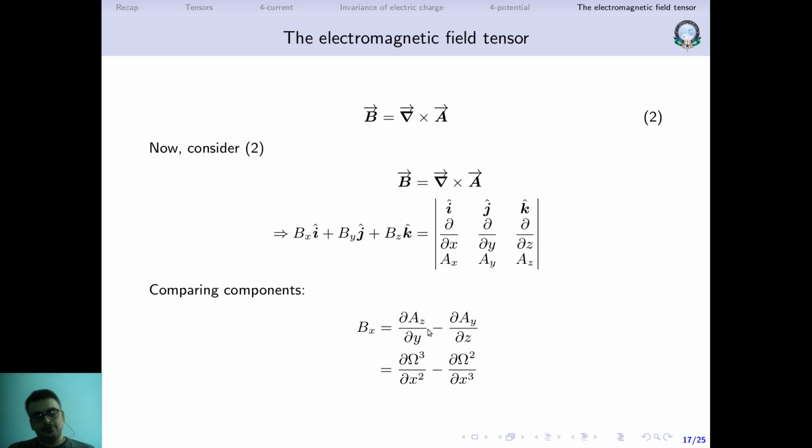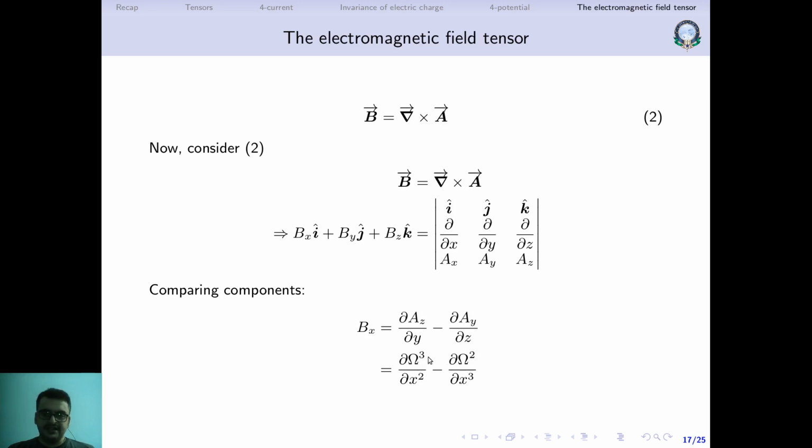The first three components of the four potential are the same as the components of A. So Az will be the third component of the four potential, which is omega 3. Y is the second Minkowski space-time coordinate, so x2, and Ay is the second component of the four potential, so omega 2 here, and z is the third Minkowski space-time coordinate, so x3.